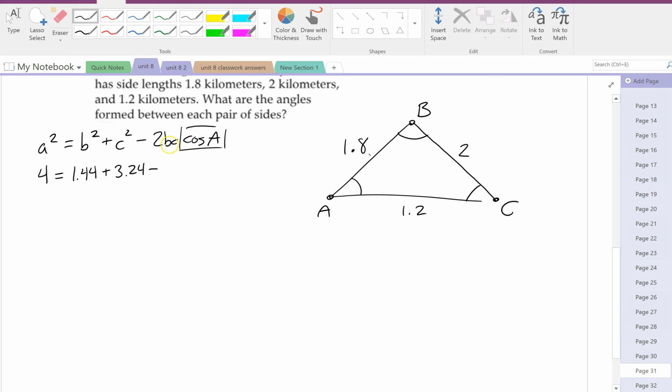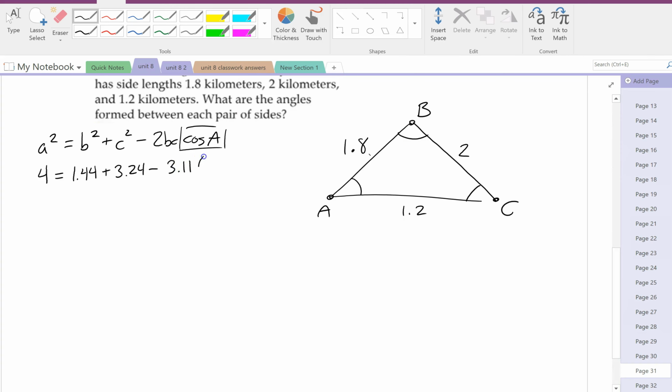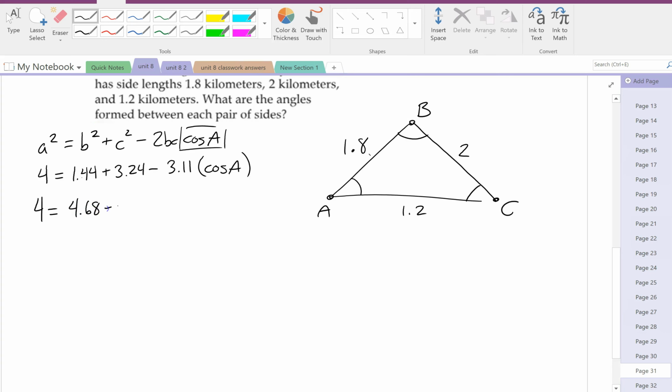Minus 2 times B times C. B and C are 1.2 and 1.8, so 2 times 1.2 times 1.8 equals 3.11 times the cosine of angle A. So 4 equals 1.44 plus 3.24, which is 4.68, minus 3.11 cosine of A.